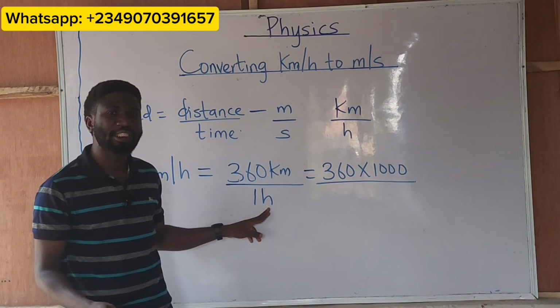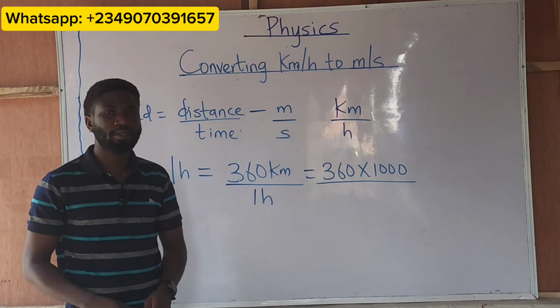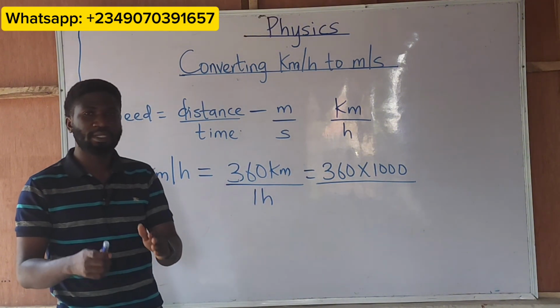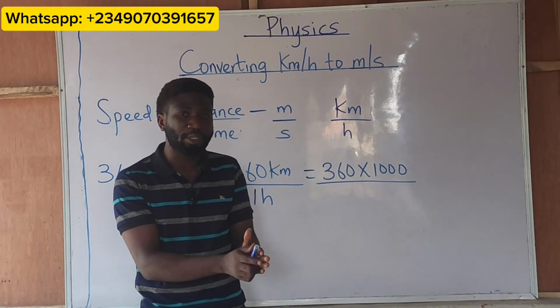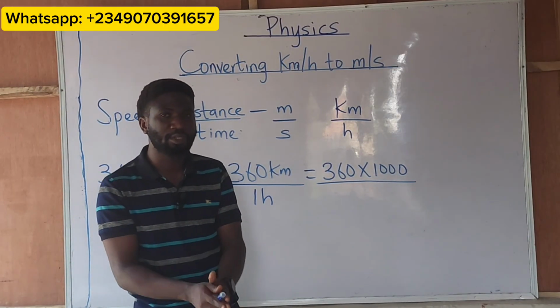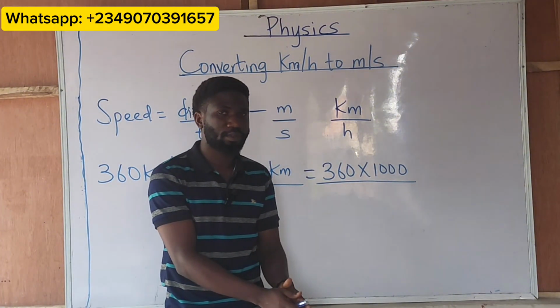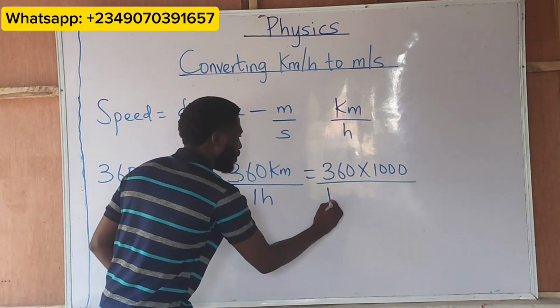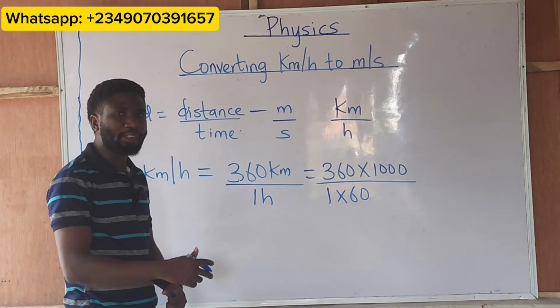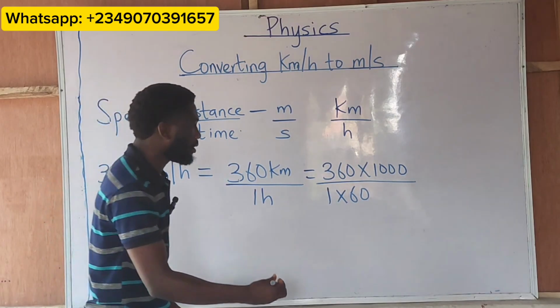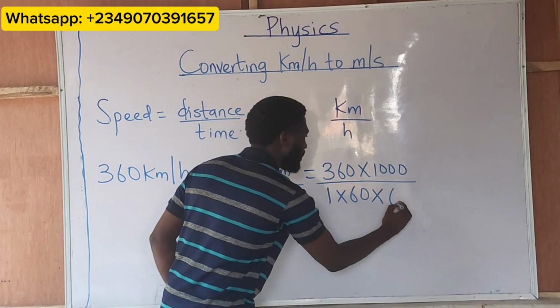We want to get it changed to seconds. So if you want to change 1 hour to seconds, that will be 1 hour changed to minutes, which is multiplied by 60. Then minutes you also change to seconds. So that will be 1 multiplied by 60. It has been changed to minutes. Now I'm about to change minutes to seconds, and that will be multiplied by 60.